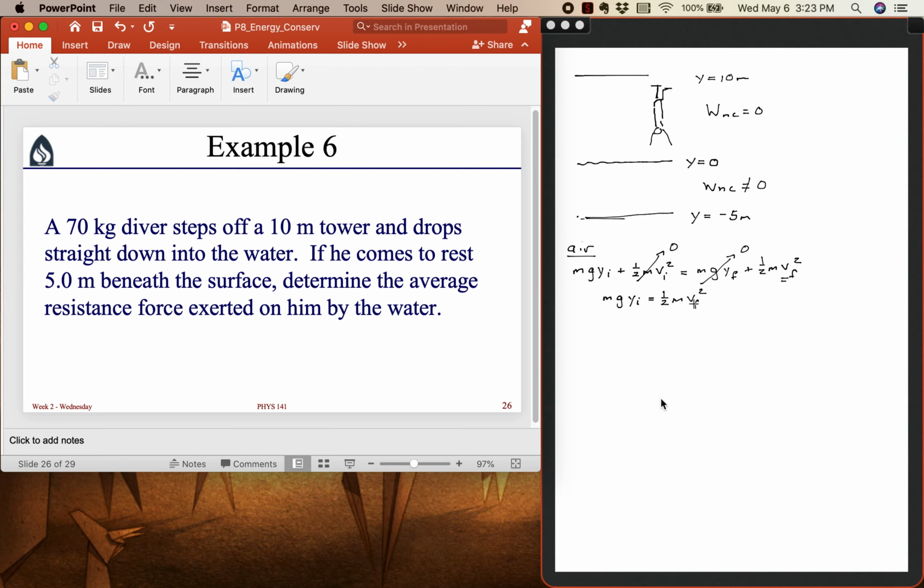Okay, so then to solve for v final, I can divide both terms by m, so the mass of the diver cancels. I can also multiply both sides of the equation by 2, which cancels with the 1/2. So v final squared is equal to 2 times g times y initial.